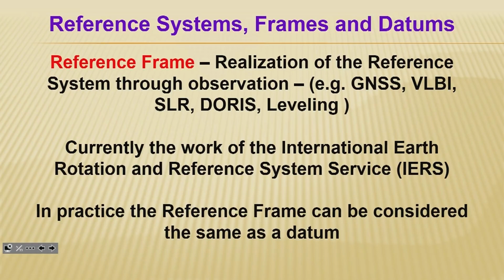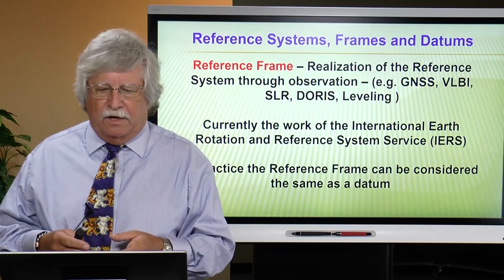So these are elements from measurement systems that provide us coordinates and orientation data. Much of this is defined through the International Earth Rotation and Reference Systems Service. Again, I'll highlight who they are and what they do in a future session.